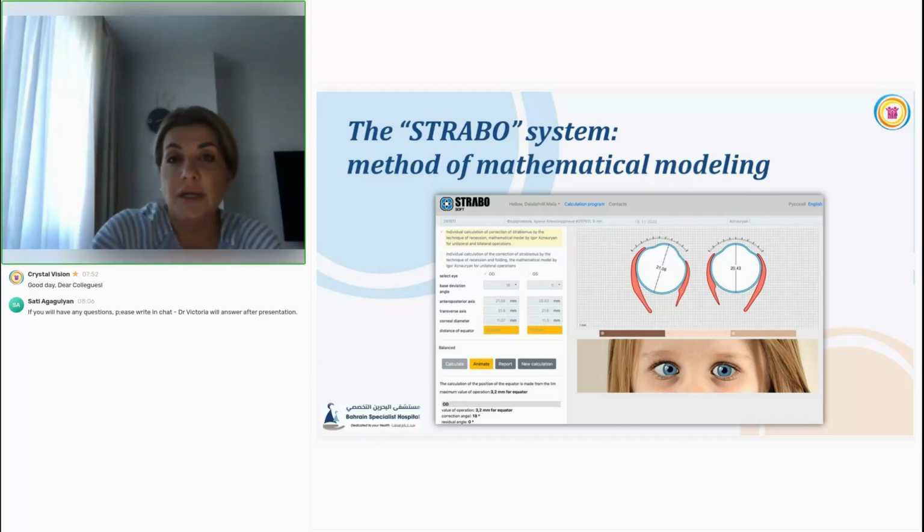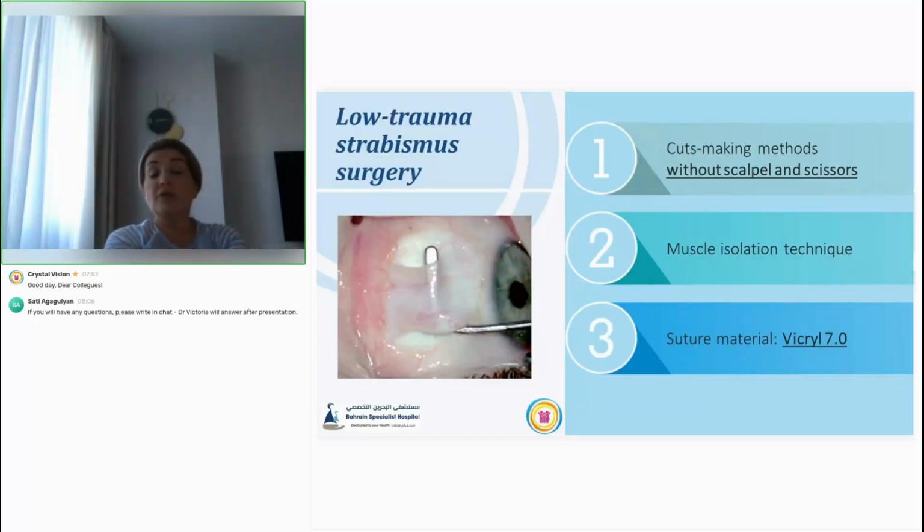And in any case, the accurate diagnosis and calculation are not enough if the surgery technique itself doesn't ensure high accuracy of the intervention. And in this regard, we have developed a special minimal invasive low traumatic surgery technique, which implies compliance with a number of conditions.